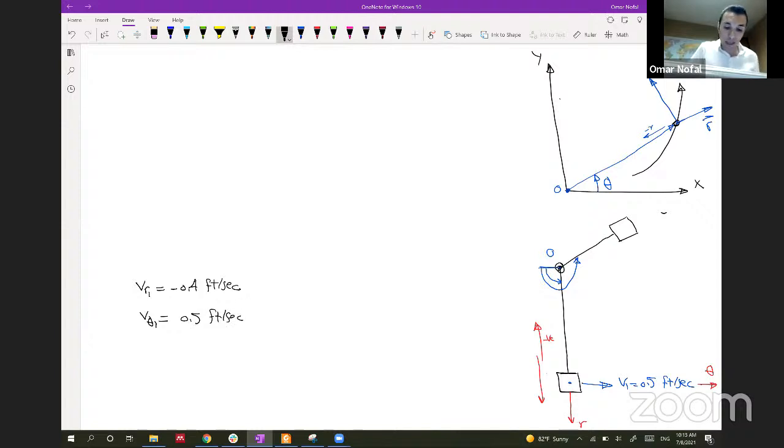So right now you can write the V vector as negative 0.4 in the R hat plus 0.5 in the theta hat. And you can get the absolute value of V by the square root of 0.4 squared plus 0.5 squared, and this should give you 0.64 feet per second.